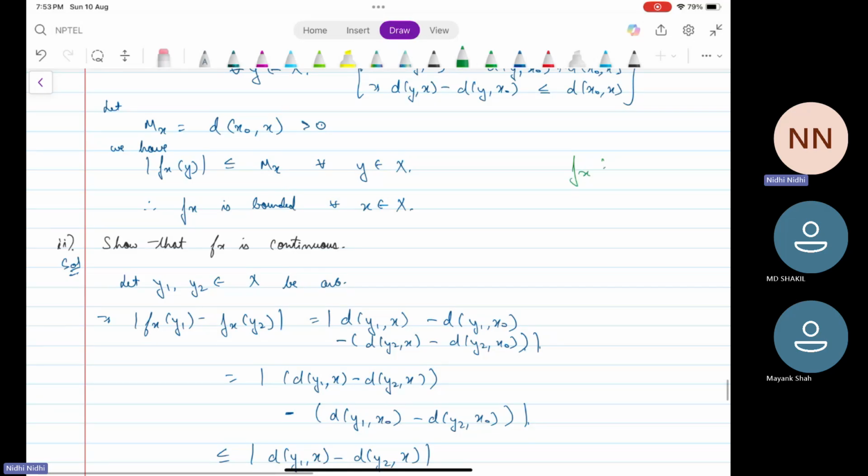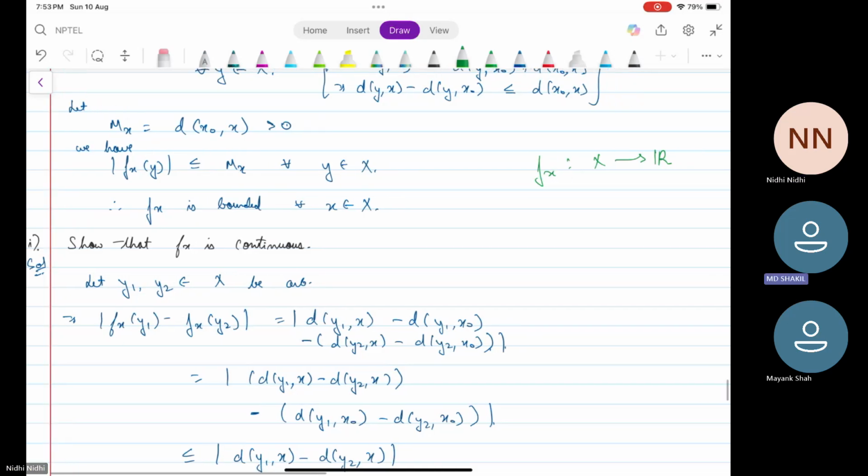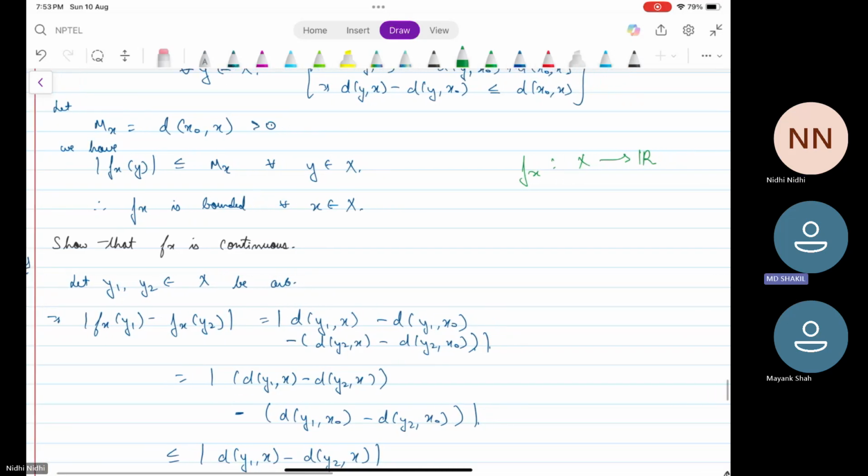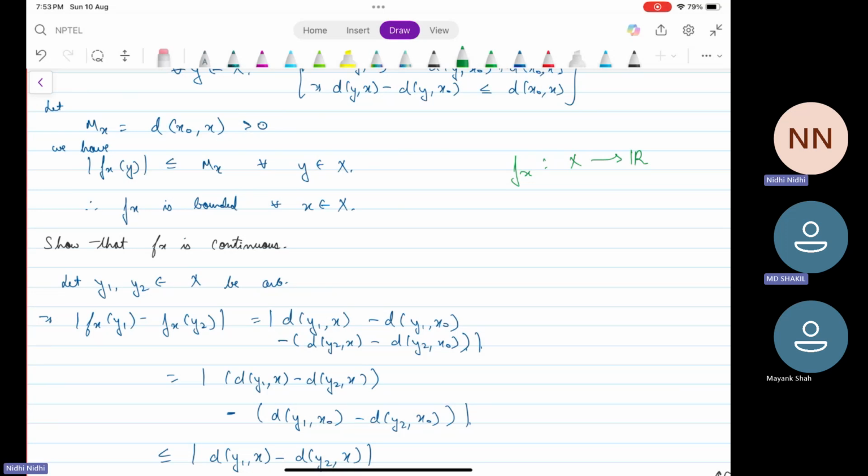F(x) is a function from X to R. It means F(x) is a member of bounded and continuous functions from X to R. Now we take this F(x), F(x) is just one function.